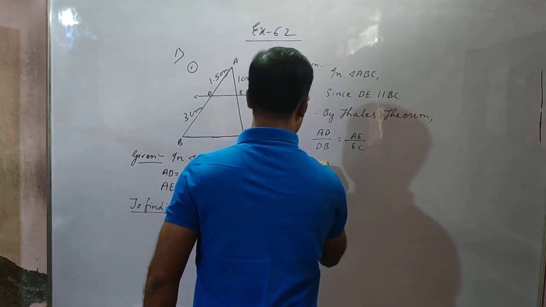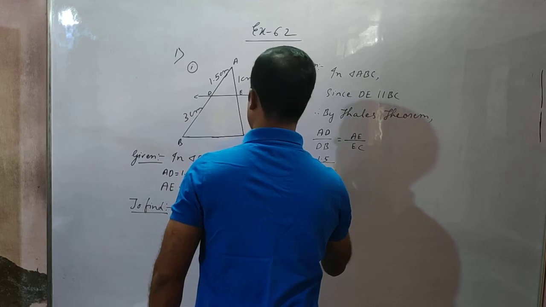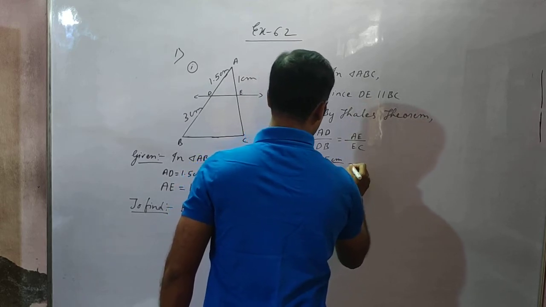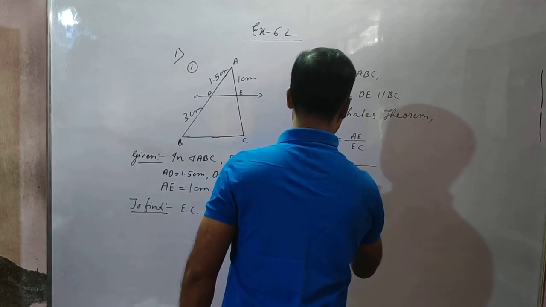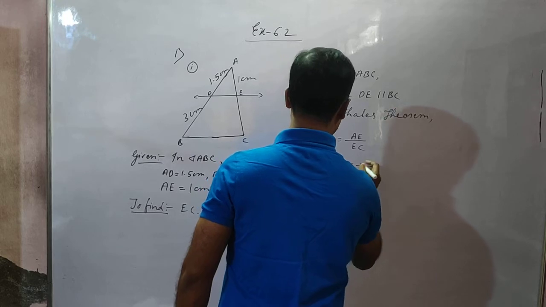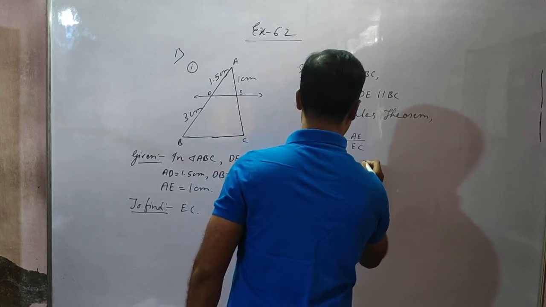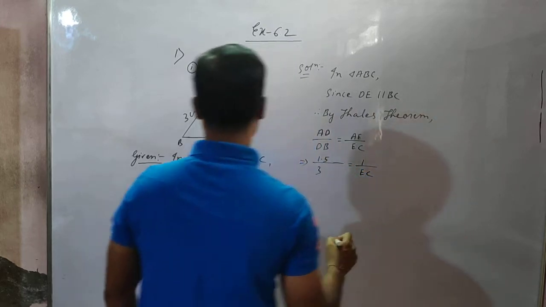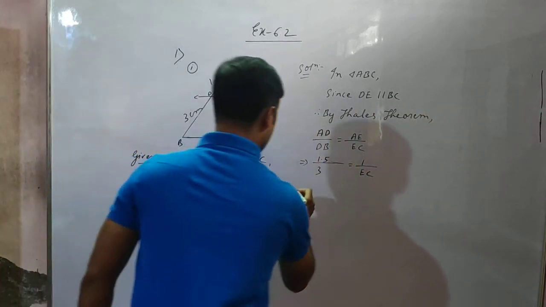What is the value of AD, students? 1.5 centimeter. And DB means 3 centimeter. And AE is 1 centimeter. EC we need to find out.